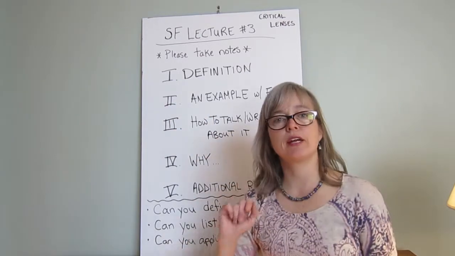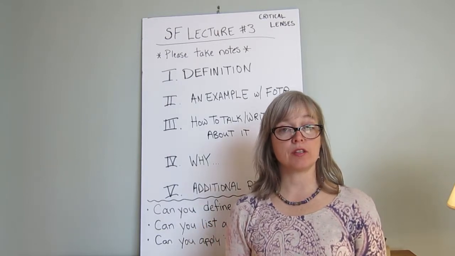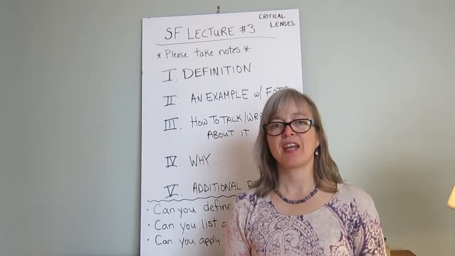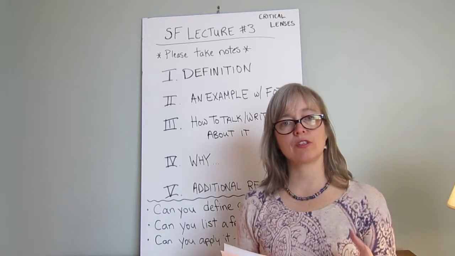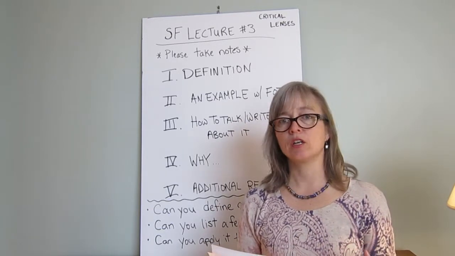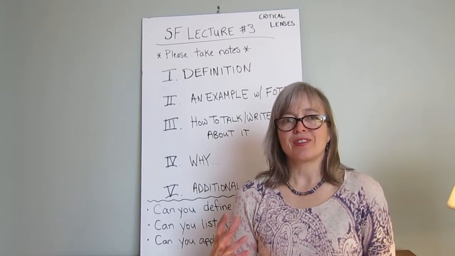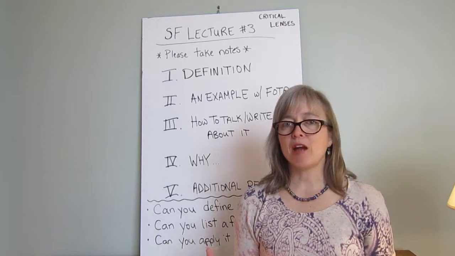For the Fellowship of the Ring, one critical lens that I think about quite a bit when I'm reading the story and rereading the story is how does Tolkien treat the female characters in his story? Some of you may have already noticed this and wondered why the female characters don't seem to have much of a role.